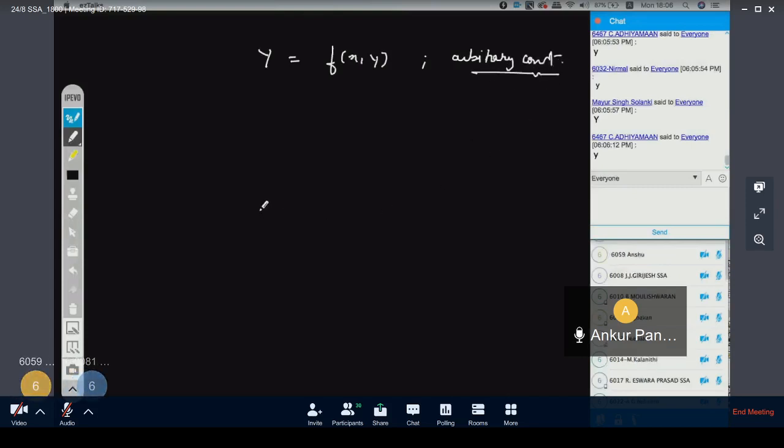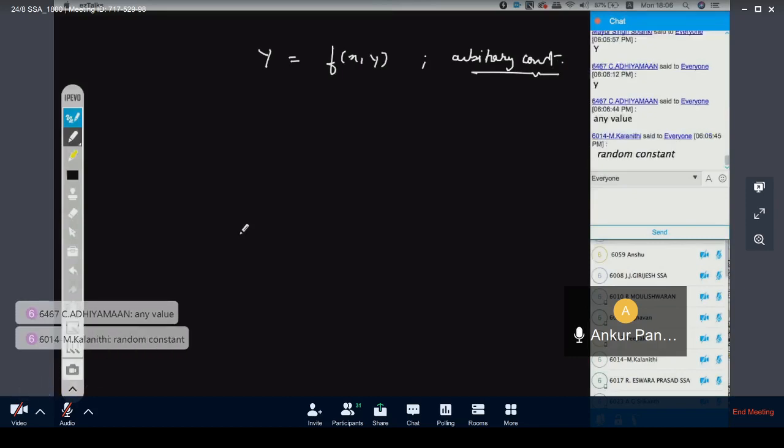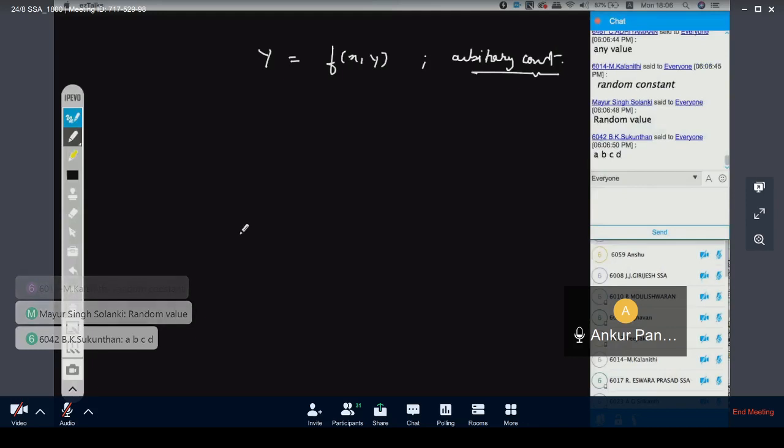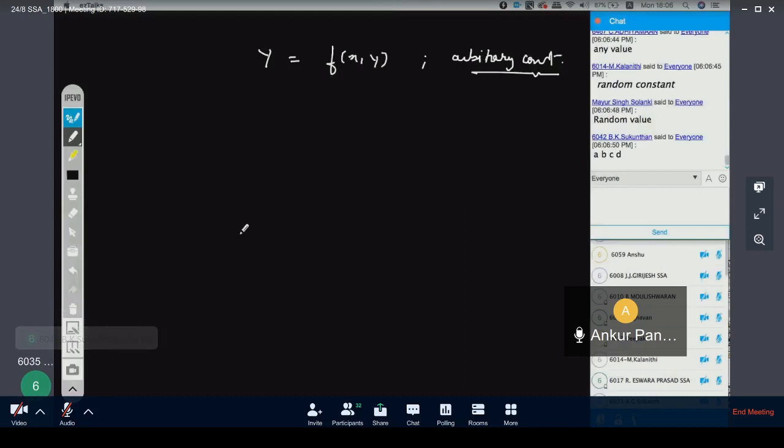Random, random unknown constant, very good. So as a general convention, you differentiate the equation as many times as there are arbitrary constants in it. Got it?